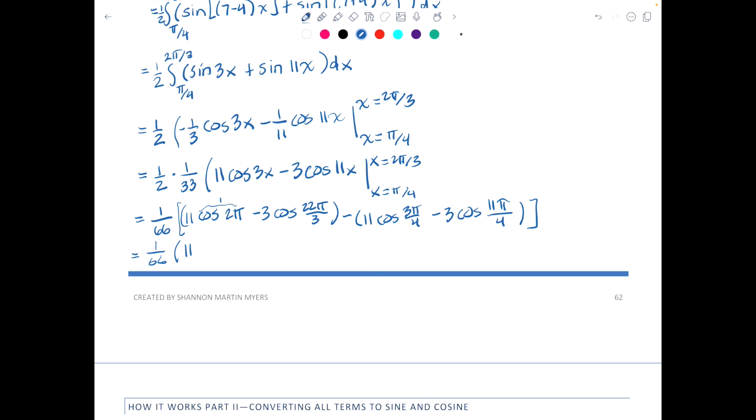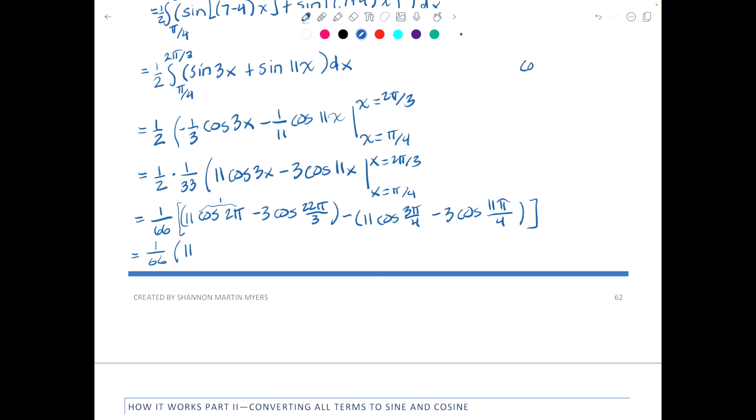Now cosine of 22 pi over 3. Every time you go 2 pi around, you land at the same spot, right? So 6 pi over 3 is 2 pi. And if you go around 3 full times, that's equivalent to 18 pi over 3, all right? And then you have 4 pi over 3 remaining.